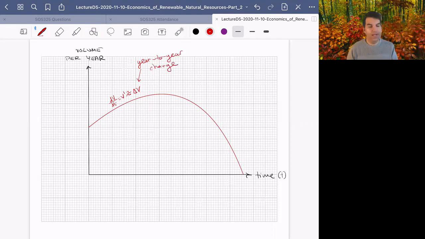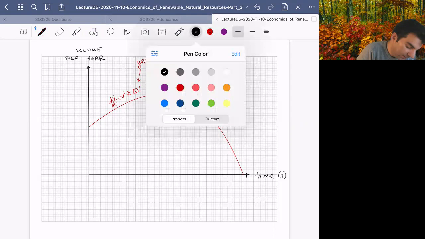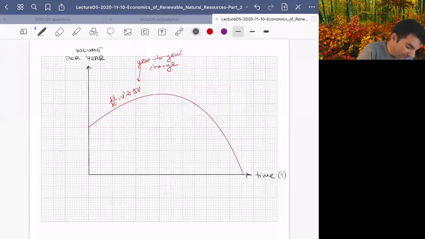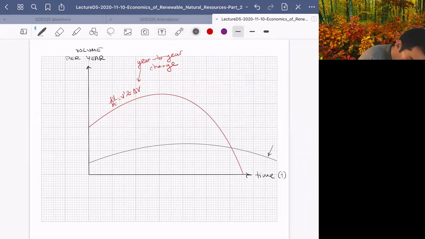And then now we can plot the Wicksell condition, which would show up down here. So I'll draw this line that looks kind of like that. And so this here is just R times VT.